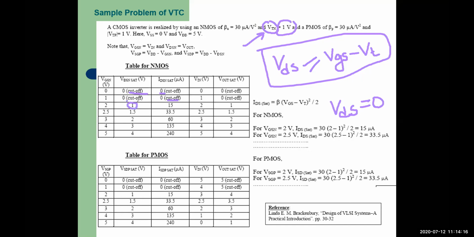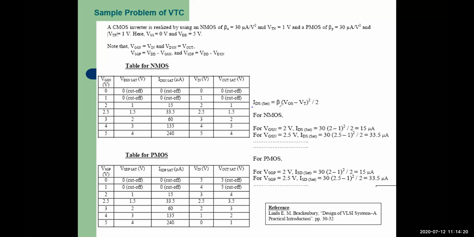It is saturation. So what is the formula for saturation? Your formula for saturation is this one: IDS is equal to beta times VGS minus VT, whole square, divided by 2. So you put the value of VT. Beta is 30, this one, not that beta, that is for PMOS. We are finding out for NMOS. So beta is equal to 30. What is the VGS?